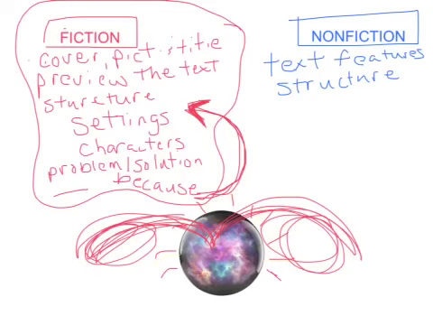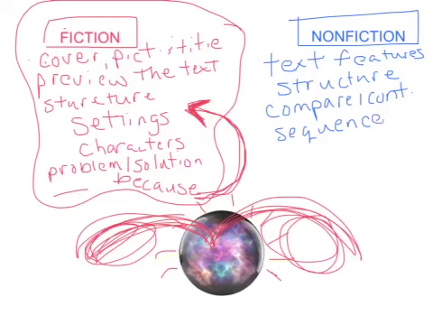Did he write it as a compare, contrast piece? Is it a sequence? Main idea? We have to know this information to help us ask ourselves what we're going to learn. And again, I think I'm going to learn this because I know these things.